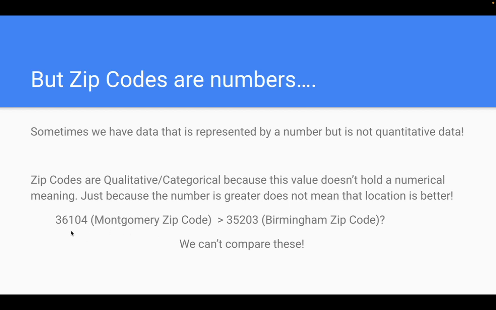For instance, this zip code for Montgomery isn't greater than the zip code for Birmingham, because these aren't comparing numbers as the numbers themselves. You could possibly say that Montgomery's real estate value is greater than that of the Birmingham zip code, but zip codes by themselves are not quantitative, they are qualitative.